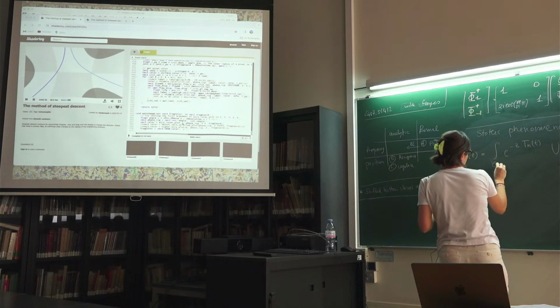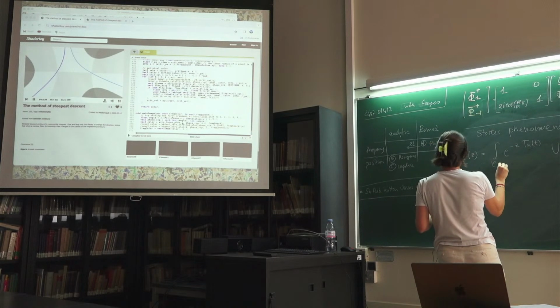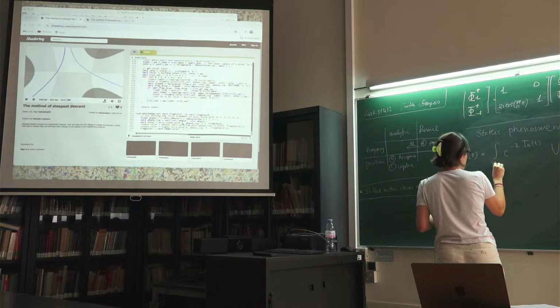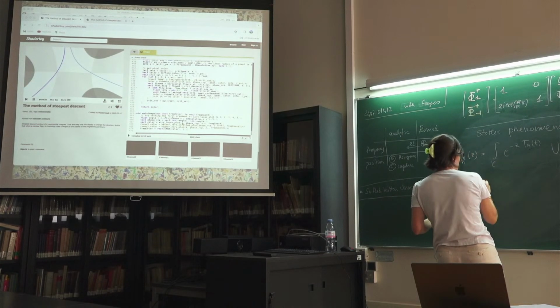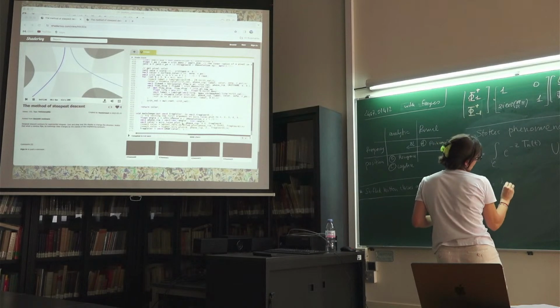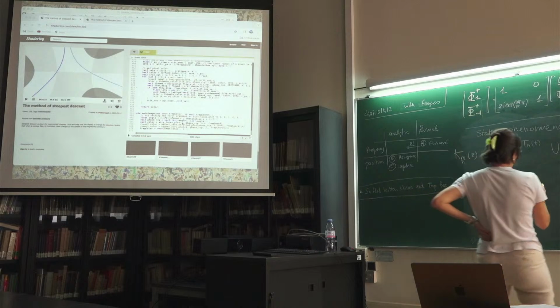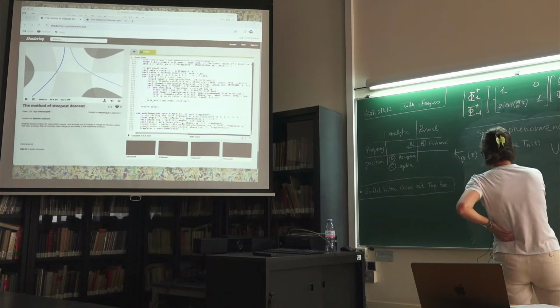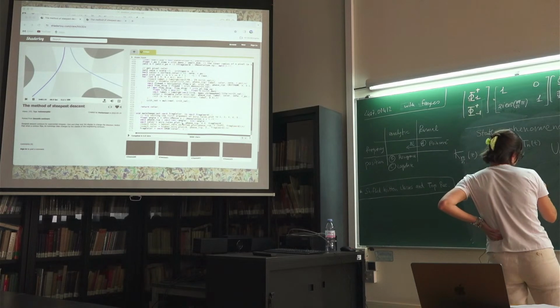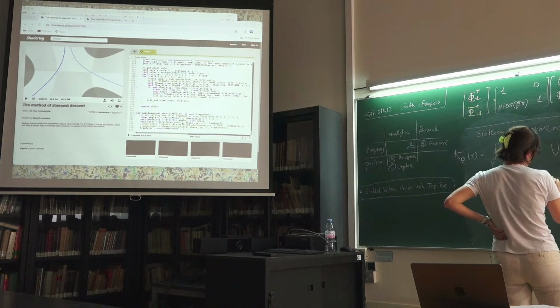As I was saying yesterday, this contour C is given by the pre-image under T_n minus 1 of the ray which starts at the critical point, so from, let's call it, the critical point T_k, plus R positive in some direction.